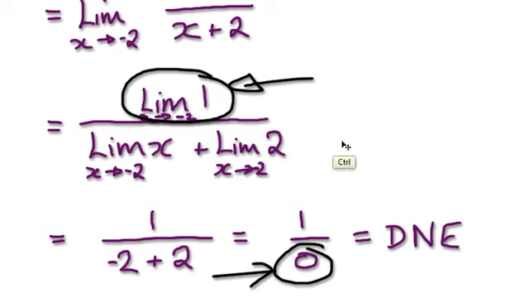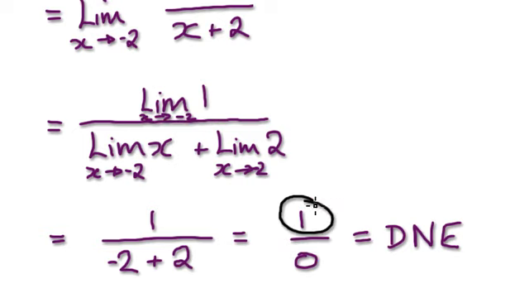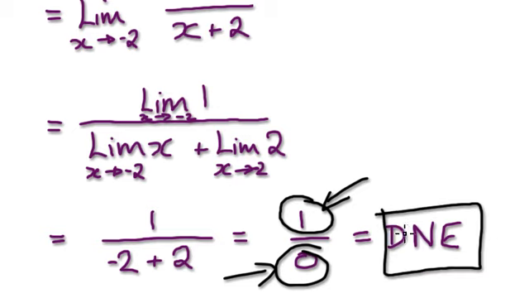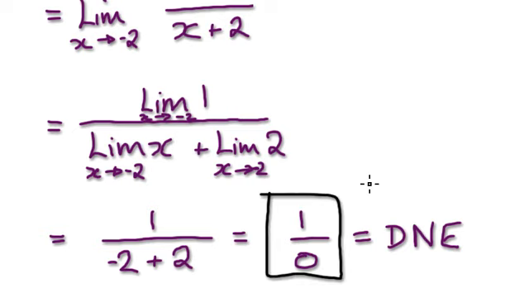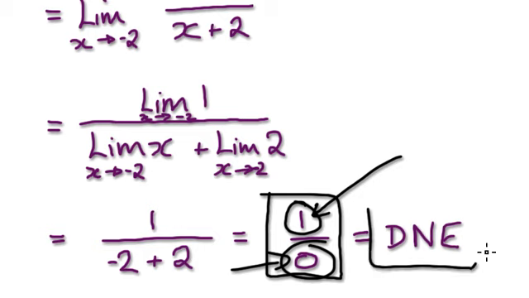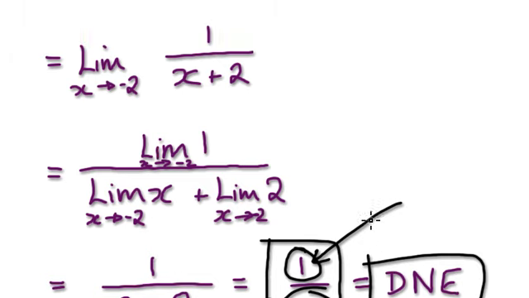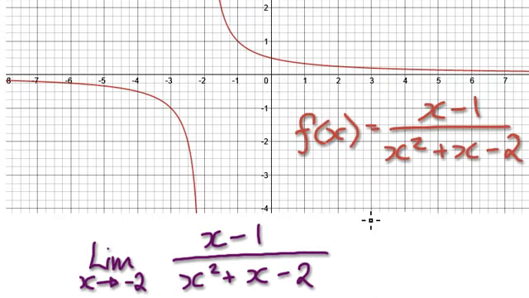Whenever you have a limit at the top that is a number other than 0, and the bottom happens to be 0, then you can conclude that the limit does not exist. I will show you this theorem in due course, but for the time being, that is the rule, which is true when you look at our graph.